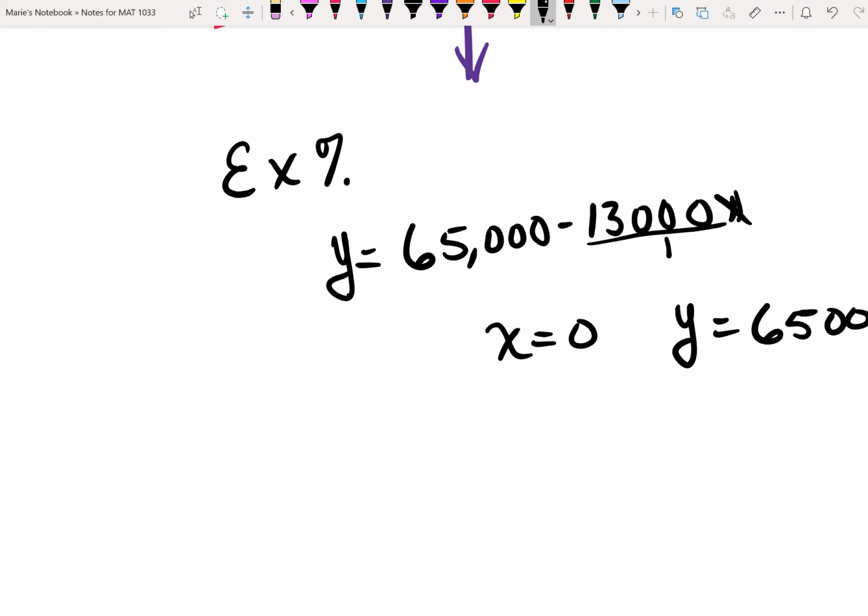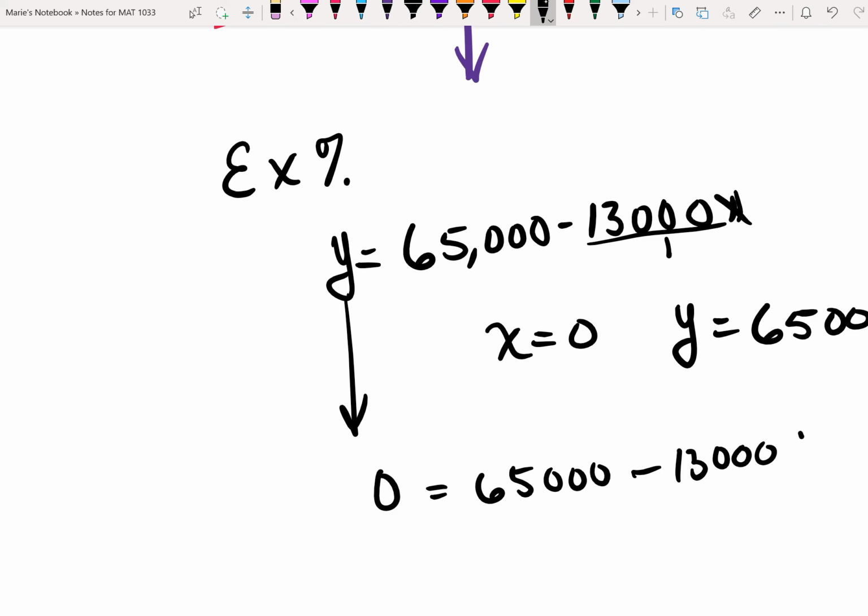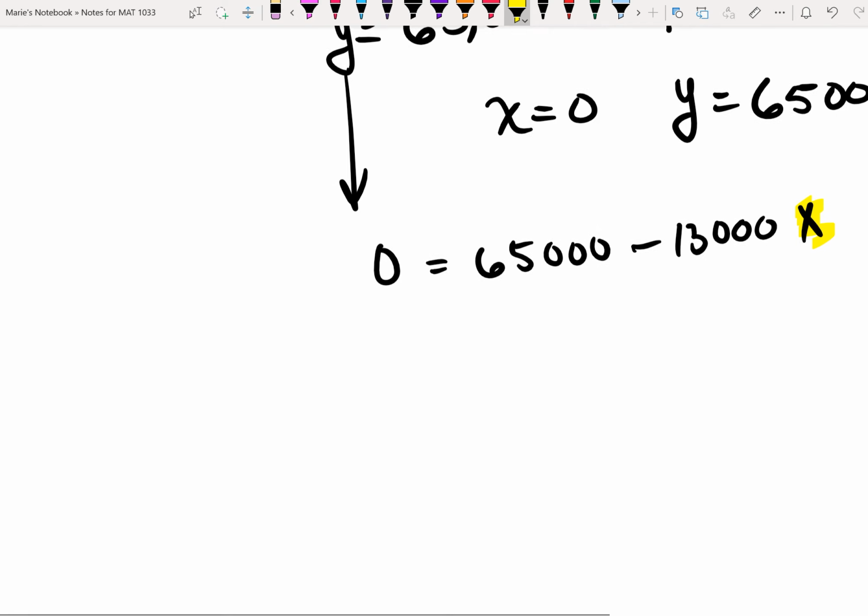What you can also consider is that you can also reset this equation where 0 is equal to 65,000 minus 13,000x, and now we need to solve for x. So the first thing I'm going to do here is I'm going to subtract 65,000 on both sides.